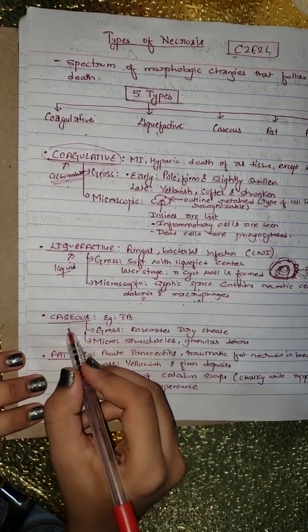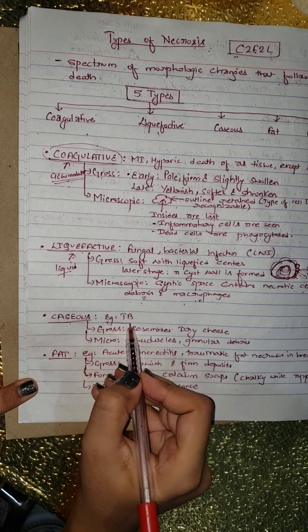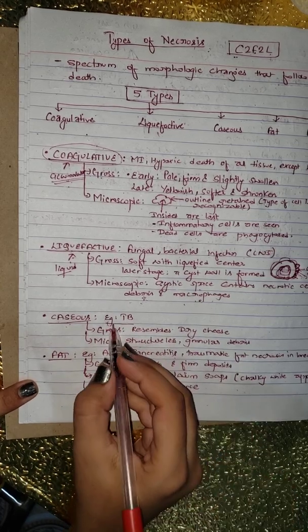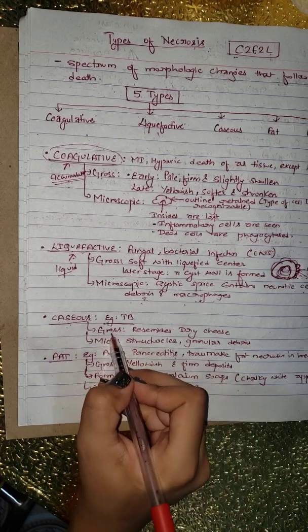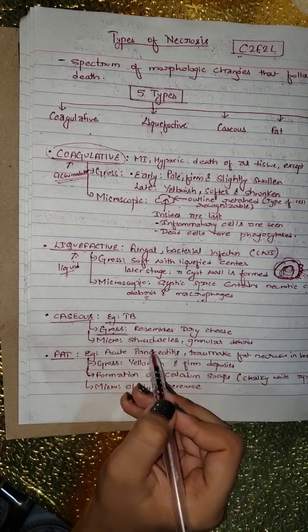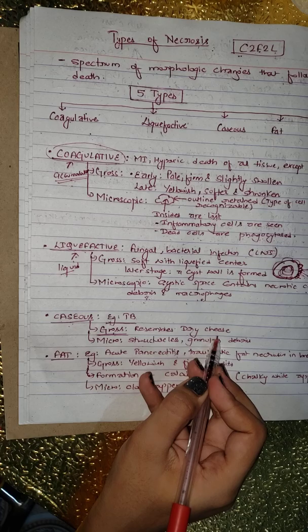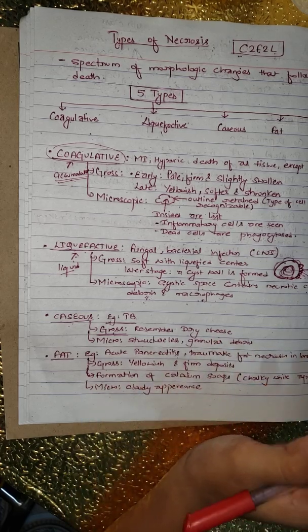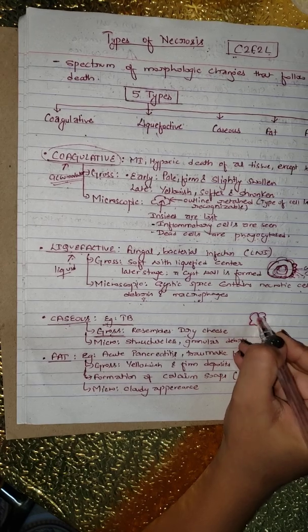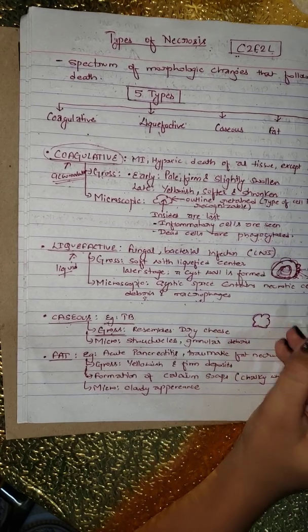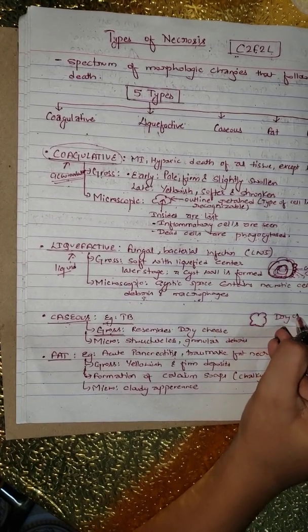And next is caseous. Caseous example, tuberculosis. In gross examination we can find dry cheese kind of structure in the cells. Now remember, how does dry cheese look?